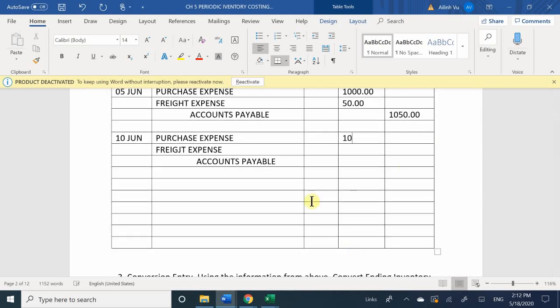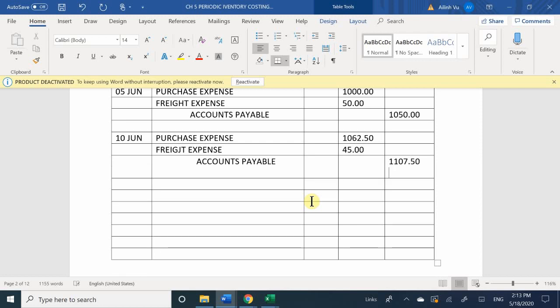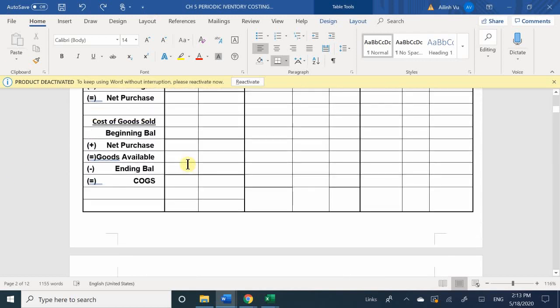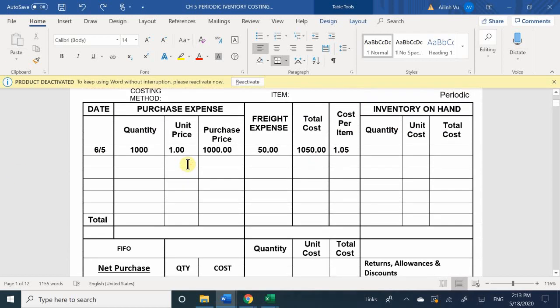So 1,062.50. And then how much was our freight again? $45. So if someone could please add that together, what do you get? $1,107.50. Yes. Good.